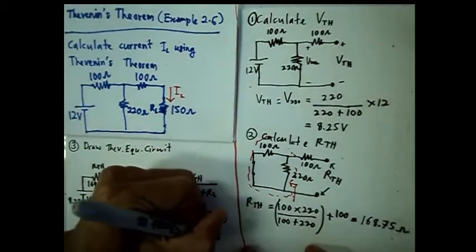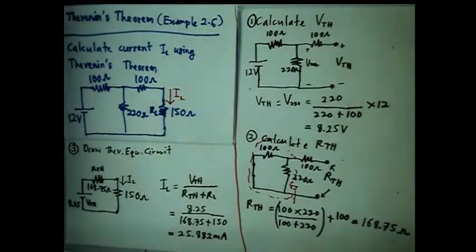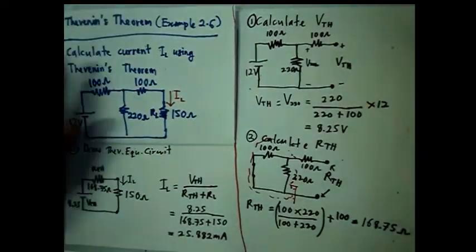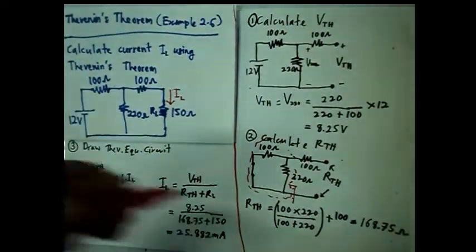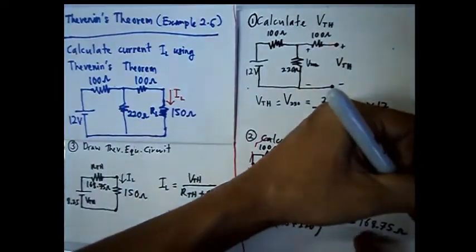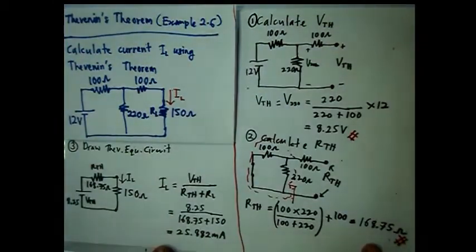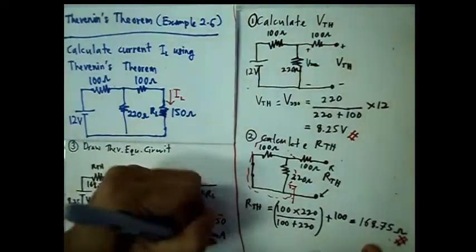Let me check back our answer. VTH is 8.25 volt, RTH is 168.75, and IL is 25.882 milliampere.